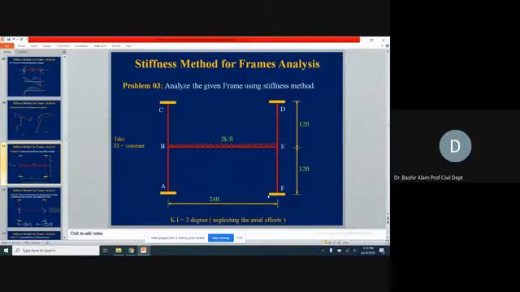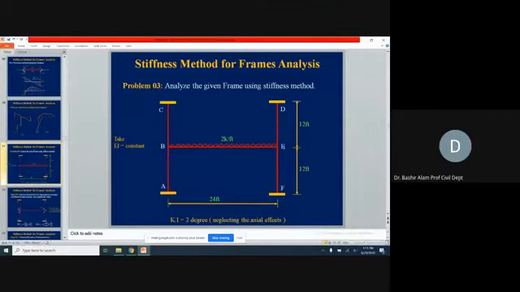Again, if we neglect the axial effect, rotation at B becomes the unknown, and rotation at E becomes the unknown. So analyze the given frame using the stiffness method now. Take EI equal to constant, and the kinematic indeterminacy is 2 degrees, which is rotation at B and rotation at E. From here you should be able to see that for generation of the ADL matrix, 3 members will be contributing: BC, BE, and BA.